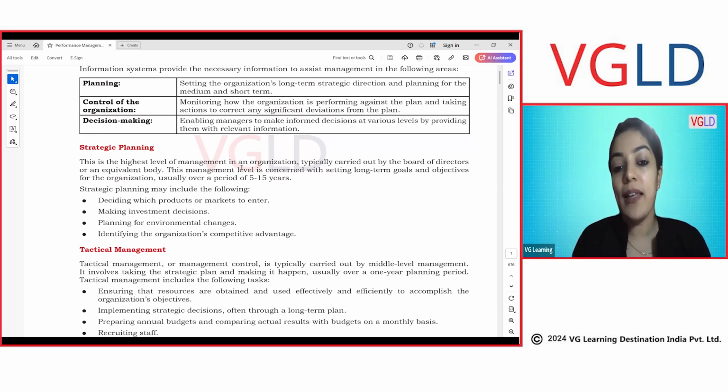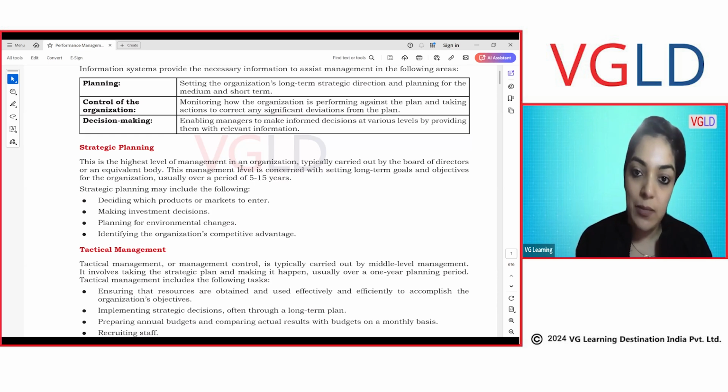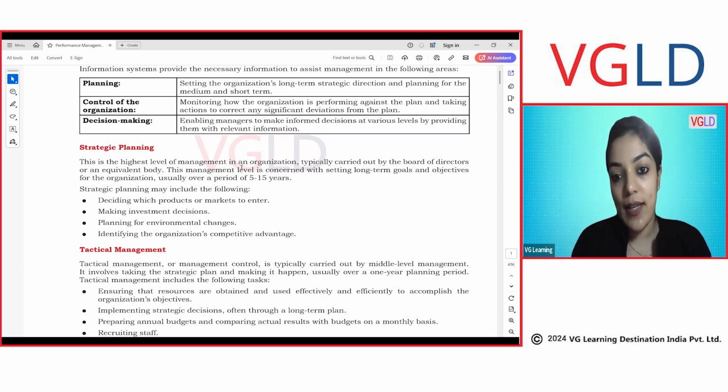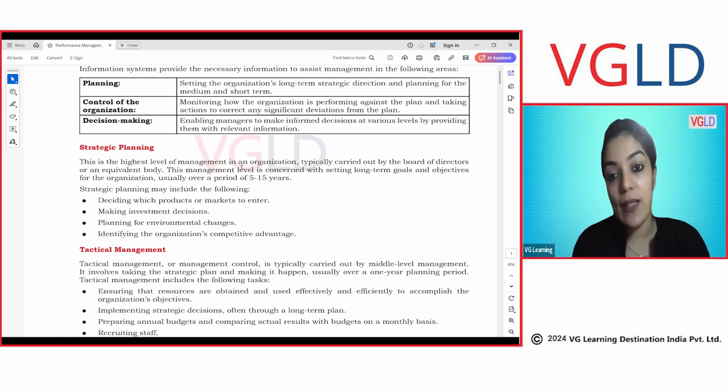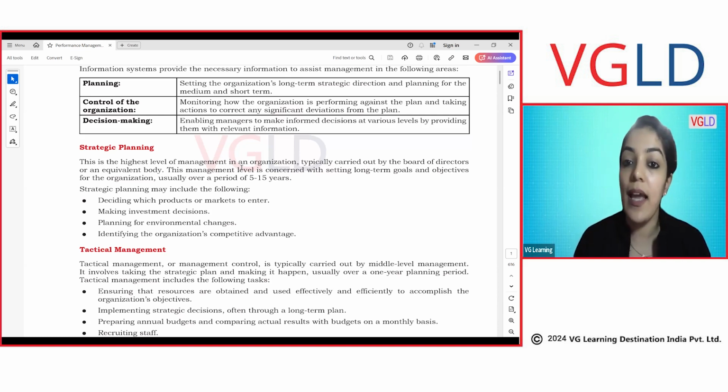Then third is planning for environmental changes. Now, when I say environmental here, it doesn't mean the natural environment. The environment of an organization comprises a lot of elements like political environment, economic environment, social environment, technological environment, legal environment, and of course, the natural environment.